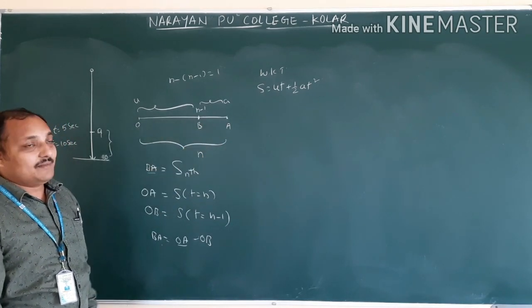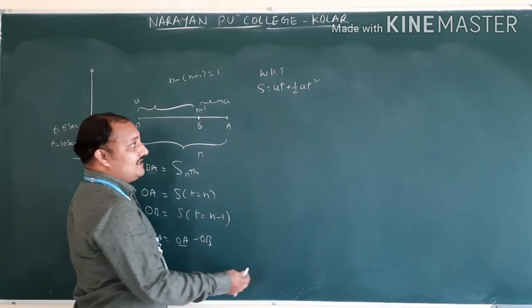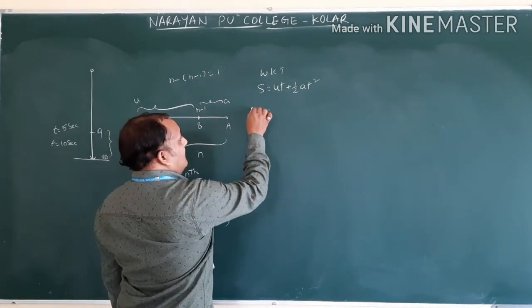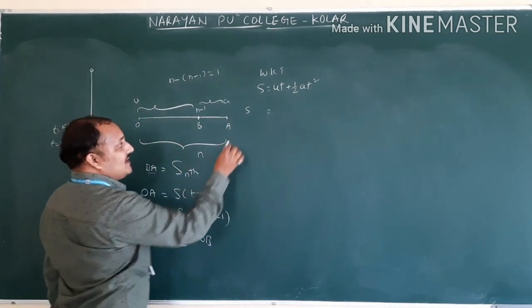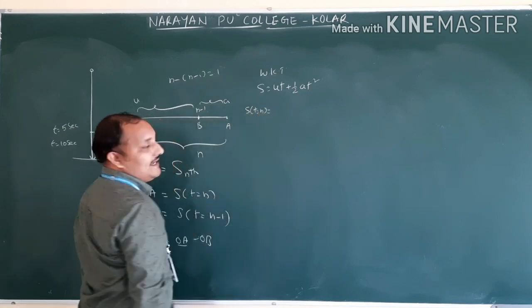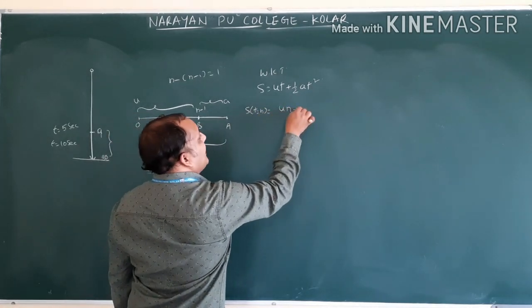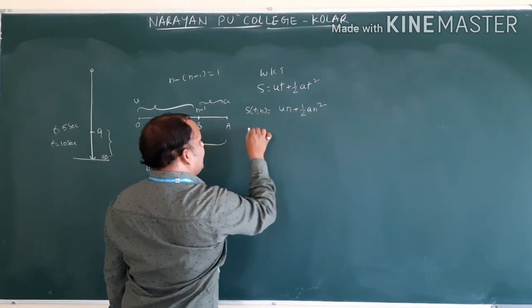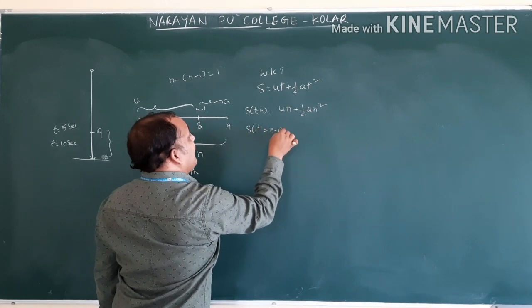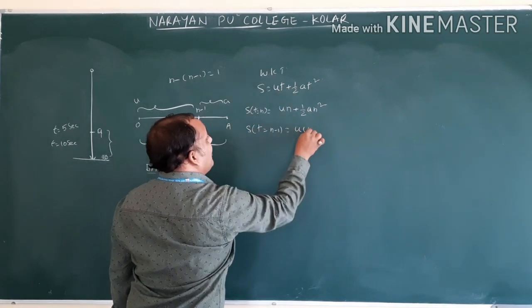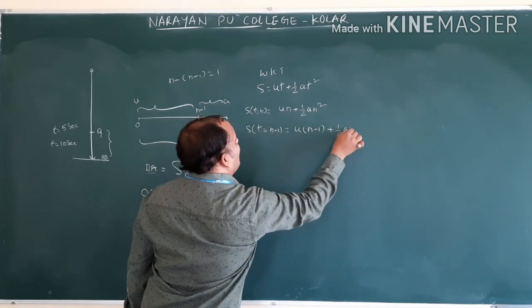Then what is the distance covered by the object in the last second? For the distance in n seconds, how much time should we take? n. That is nothing but un plus half an square. Distance covered in n minus 1 seconds: in place of time, what do we have to write? n minus 1.